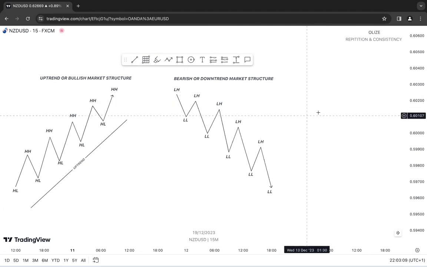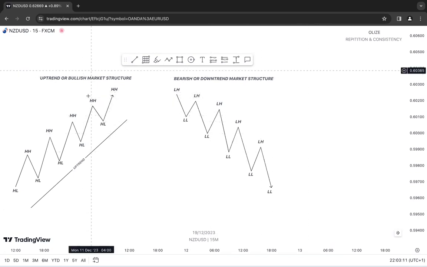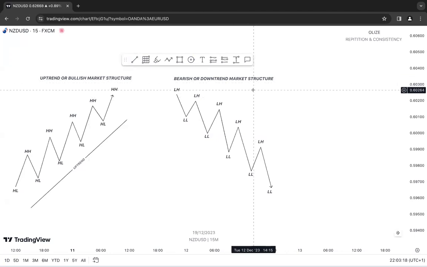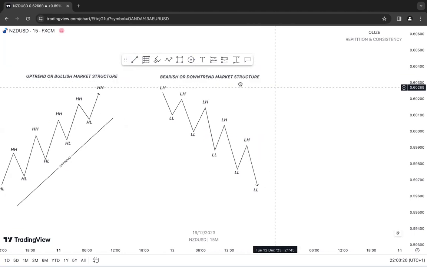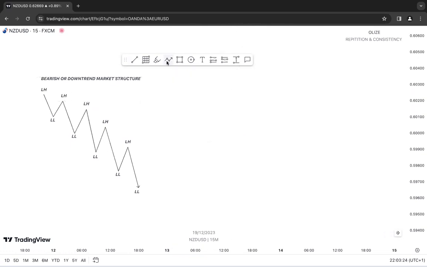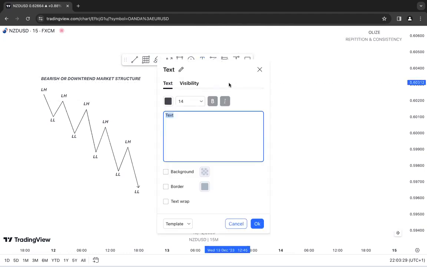Okay. So we're done talking about the uptrend or bullish market structure and the bearish or downtrend market structure. So the last type of market structure we're looking at is the consolidation or ranging market structure.